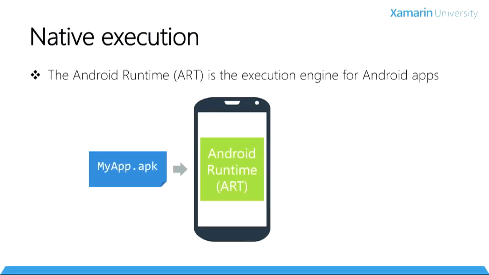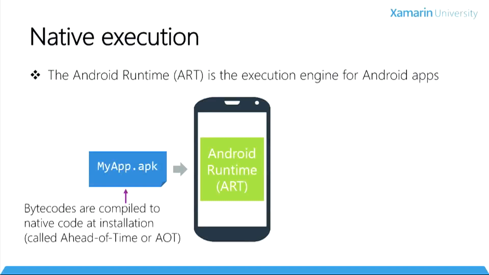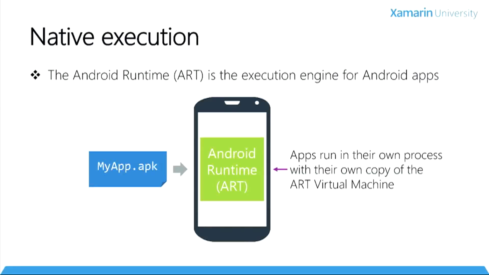To execute your app, the APK file needs to get loaded onto an emulator or a device. The current model has the DEX bytecodes getting compiled to native code at installation time. This is called ahead of time, or AOT, compilation. And Android is based on Linux. Each app runs in its own sandboxed process inside the execution engine, and the execution engine is called the Android runtime, or ART.